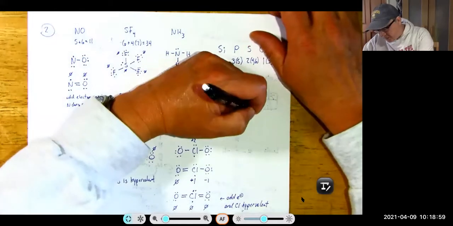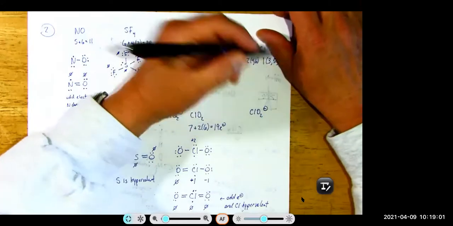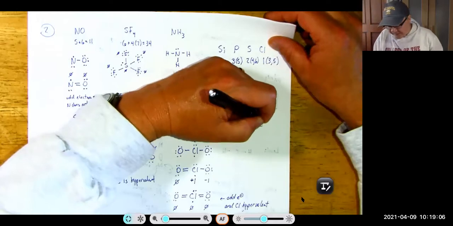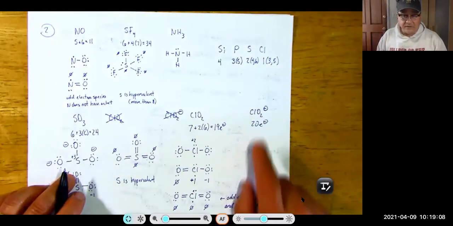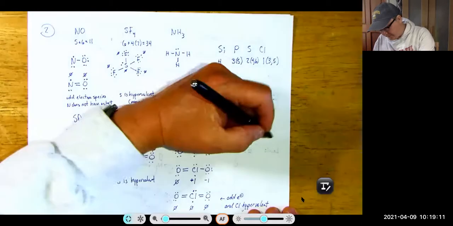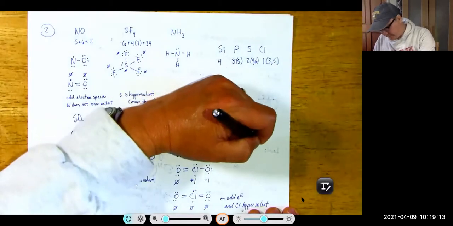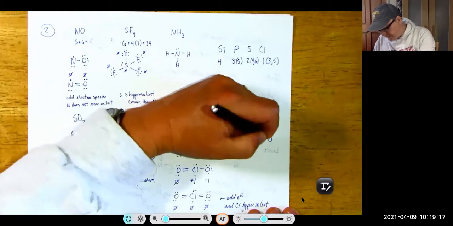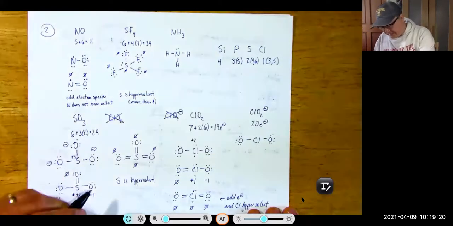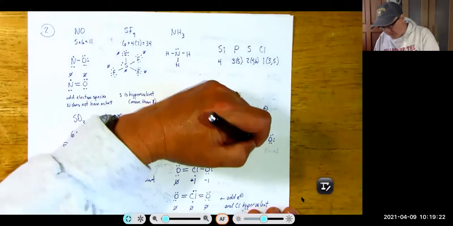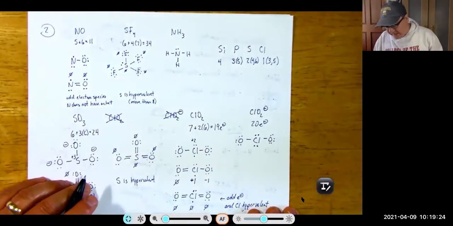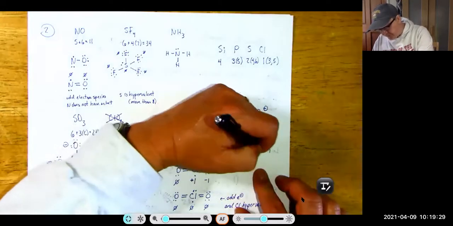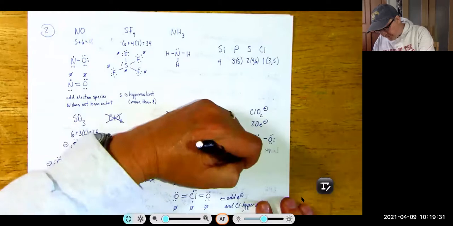And ClO2 minus, we're going to have 20 electrons, I believe, because if this has 19 with a negative charge, it should have 20, right? Starts the same way. There's 16, 17, 18, 19, 20. And here you'll see that the formal charges are -1, -1, and +2. So this is another one where this is going to be better.